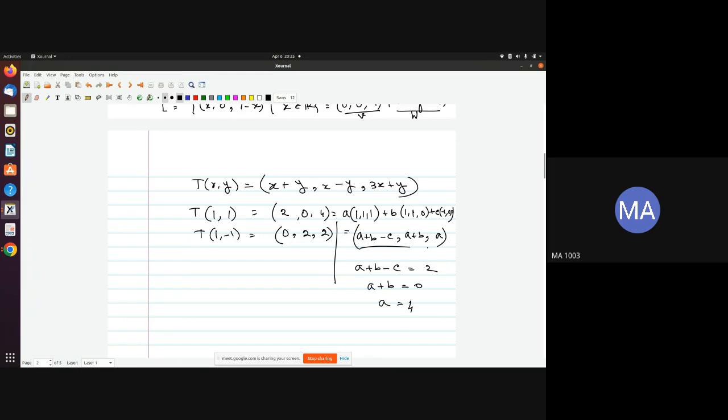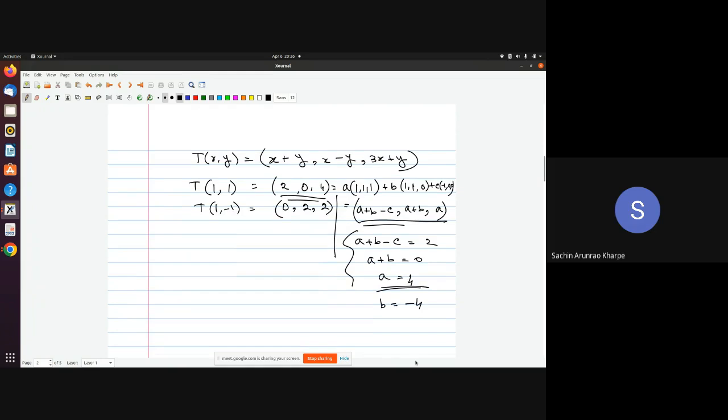I am equating this with (2, 0, 4). Now A is 4, we have already got this. B equal to minus A, so B is minus 4. Then A plus B is 0 basically. C equal to minus 2. So you got A, B, C.